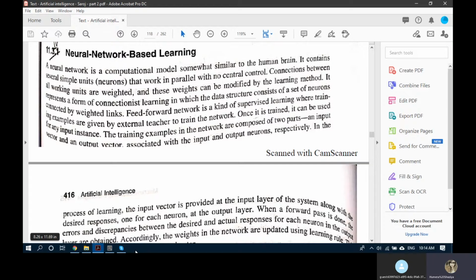Even AlphaGo is a program that has defeated a human expert in games.